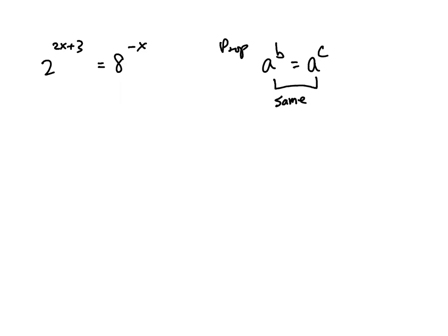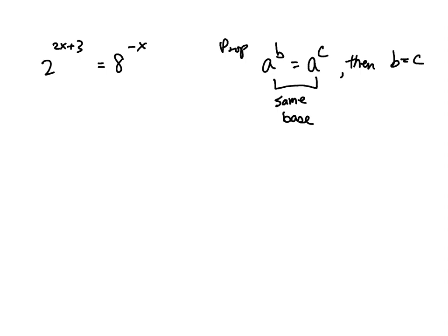So here we go. First problem: 2 to the 2x plus 3 equals 8 to the negative x. There is a property that says if something raised to a power equals something raised to a different power, and they have the same base, then the exponents have to be the same.